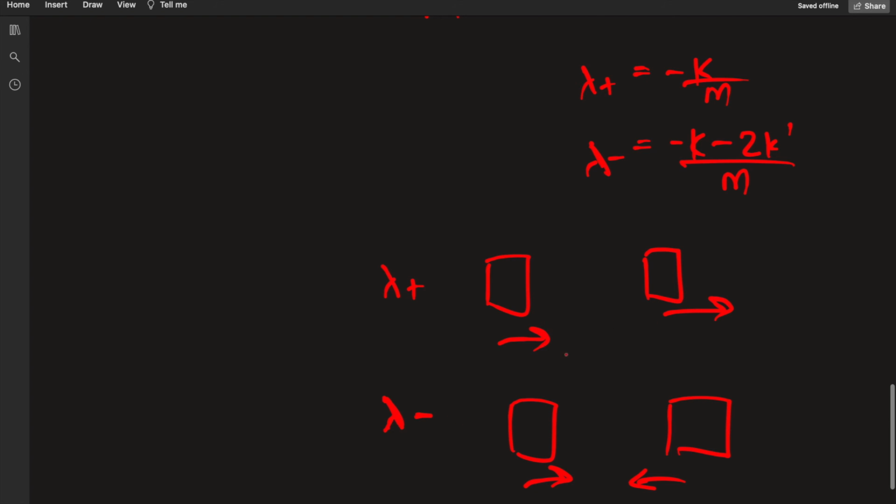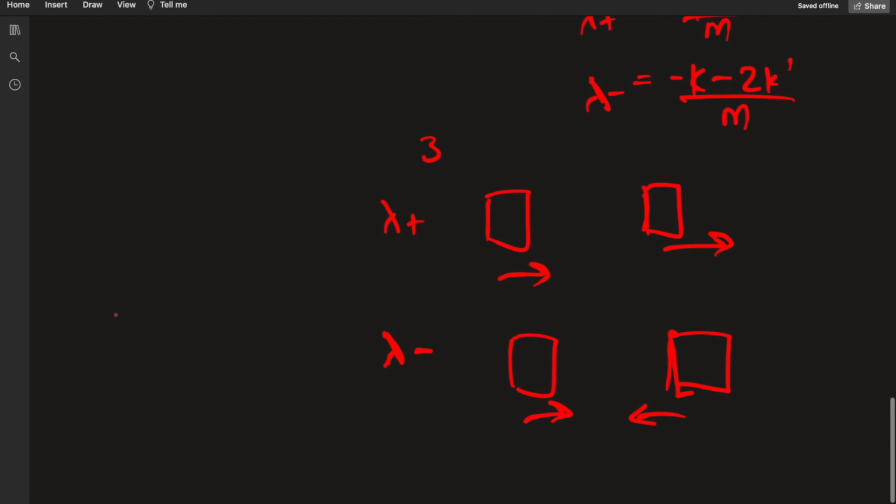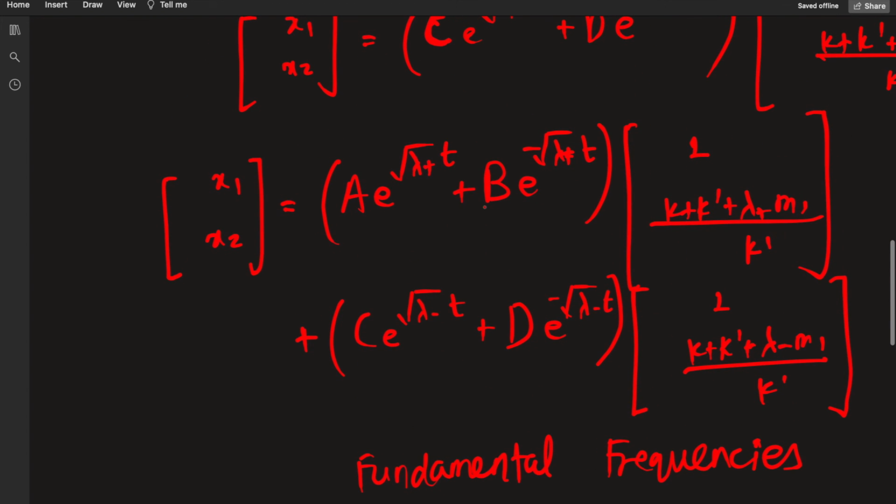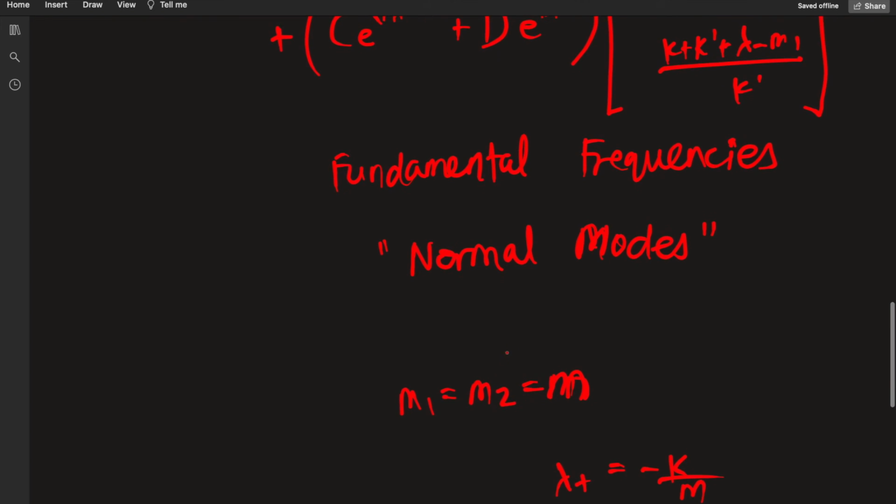And since it's not going to be one pure movement of in phase and one pure movement of out of phase, it's going to be some combination, like they will be in phase 3 times as much as they will be out of phase or something like that. So it's going to be some weird motion which can be expressed as a linear combination, like we did here, of these fundamental frequencies.